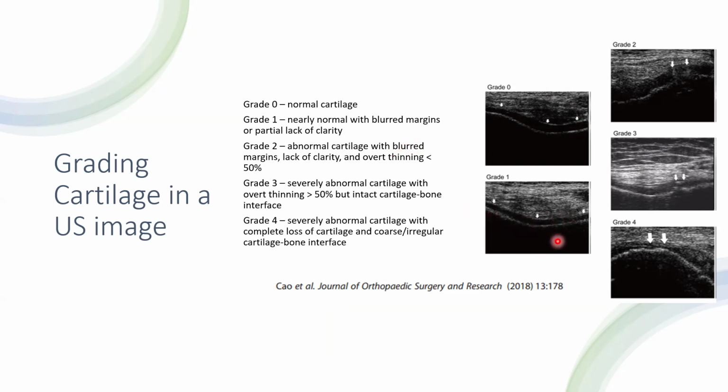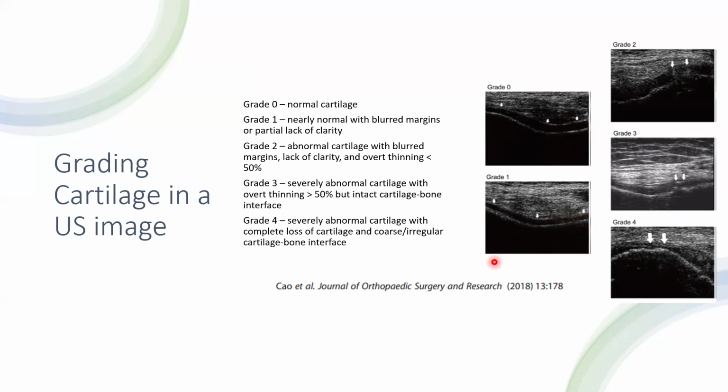Grade 1 down here, this is what I would personally give my cartilage on the previous slide, is basically normal, but the margins get a little blurred, or perhaps the cartilage itself lacks clarity. You'll notice the difference between the grade 0 image and the grade 1 image is mostly that these lines, instead of being nice and sharp, start to get a little fuzzy. And instead of it being very anechoic through here, it gets a little bit gray.